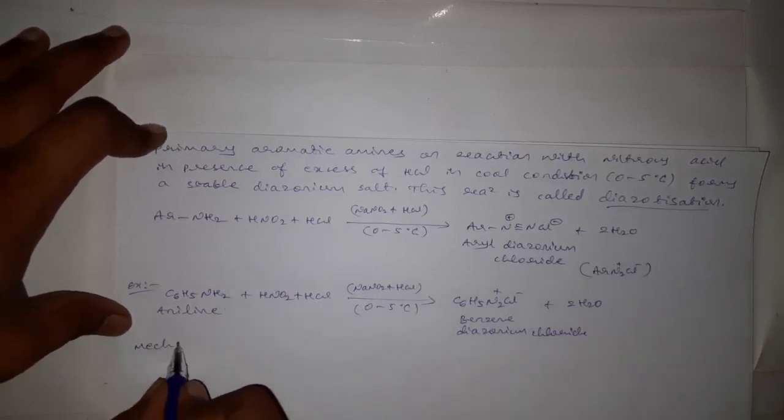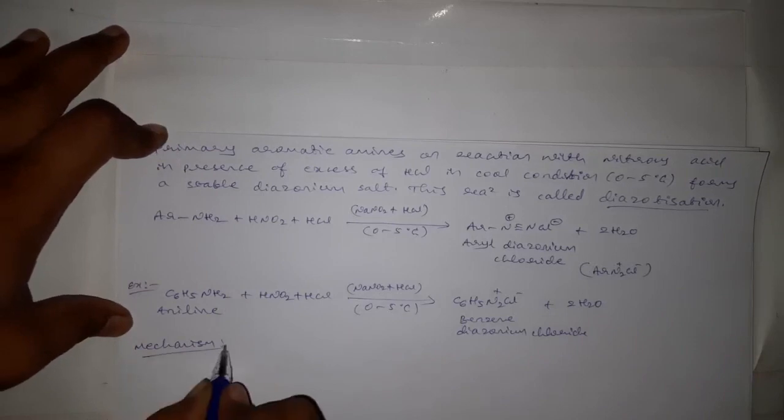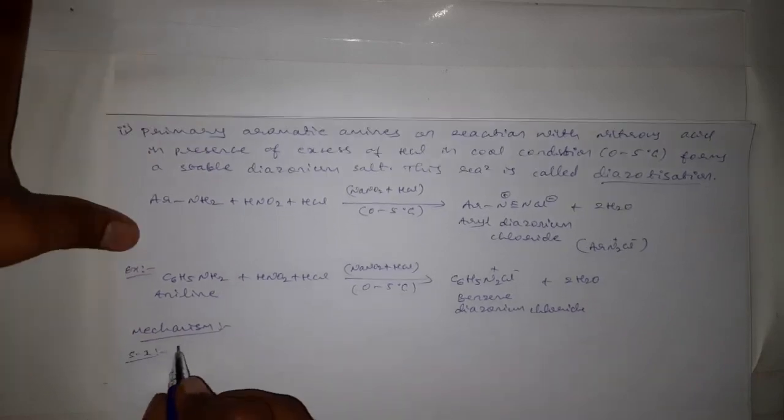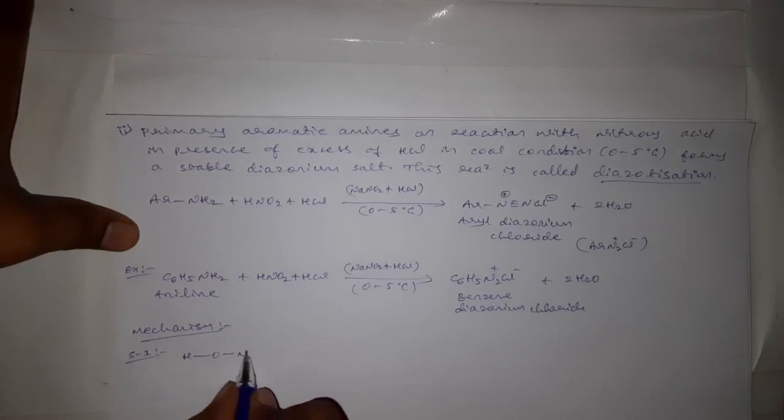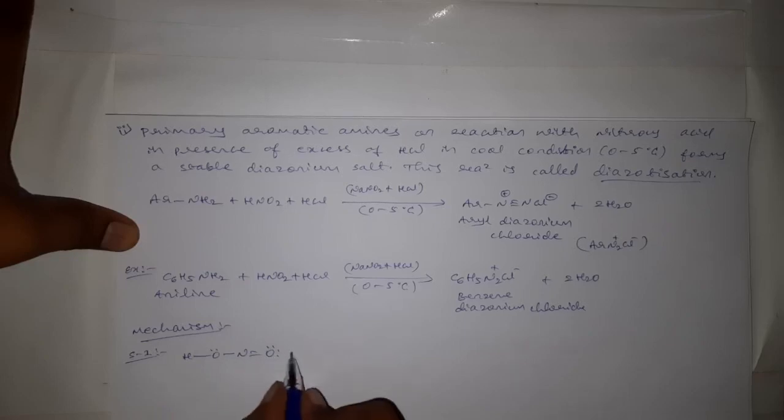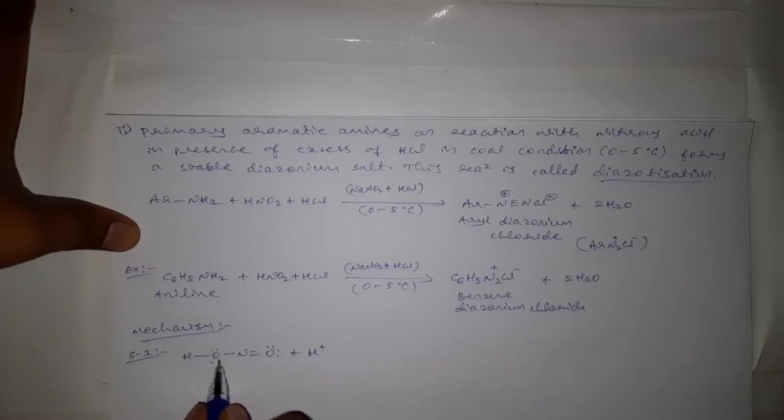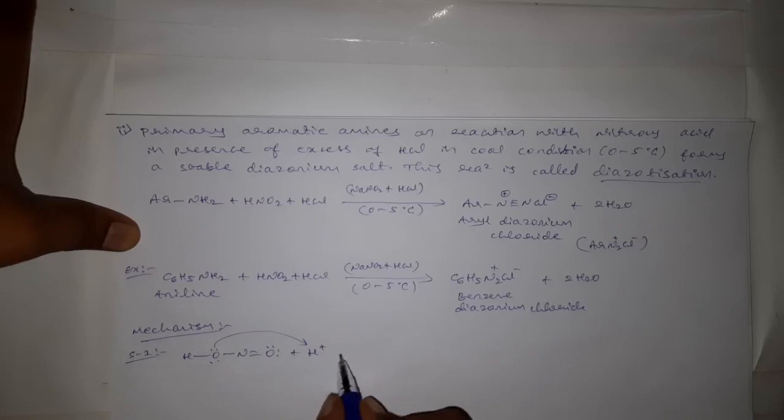Coming to the mechanism, step number 1, this HNO2, which is having this formula, will abstract a proton from the hydrochloric acid. This HNO2 will use the lone pair of electrons from this oxygen to abstract this proton from HCl.